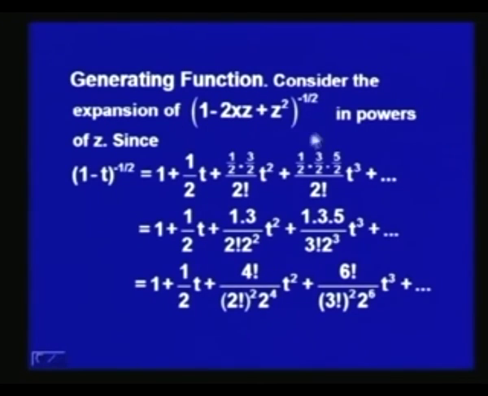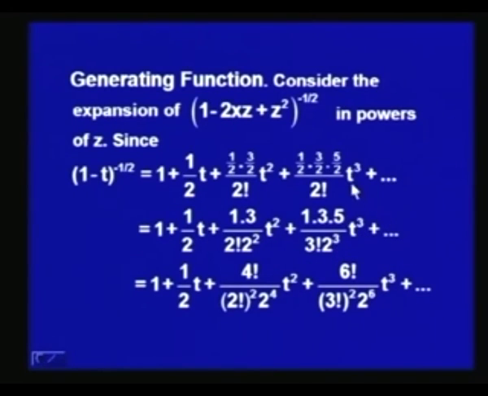Let us consider the expansion of this in the powers of z. Let us first write the expansion of 1 minus t raised to the power minus half by binomial expansion. It can be written as 1 plus 1 by 2 t, plus (1 by 2 into 3 by 2) over 2 factorial t square, plus (1 by 2, 3 by 2, 5 by 2) over 3 factorial t cube, and so on. We have used the binomial theorem here, and then 1 plus half t plus (1 into 3) over (2 factorial 2 square) t square plus (1 3 5) over (3 factorial 2 to the power 3) t cube, and so on.